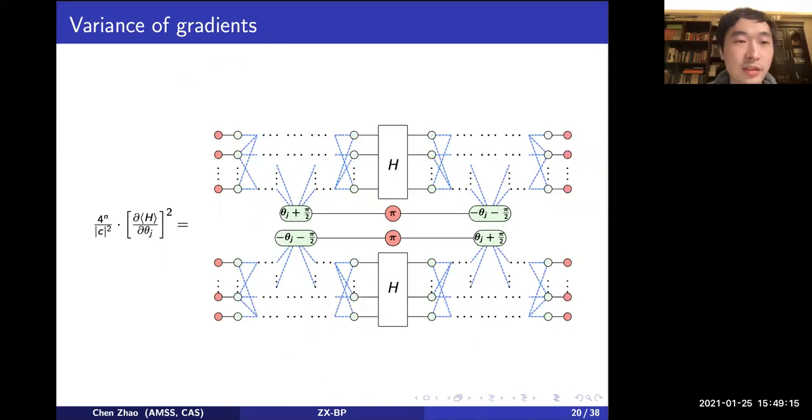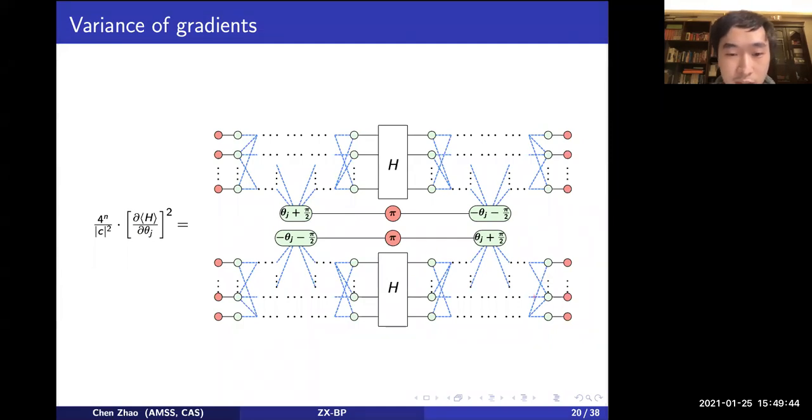Now let's consider the variance of the gradient. The variance, first we have to represent the variance as a ZX diagram. The variance is just the integration over the parameters of this square. And this square is just this ZX diagram.